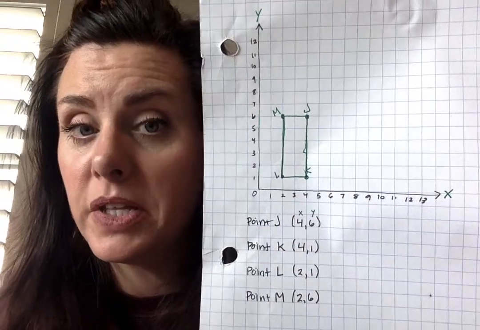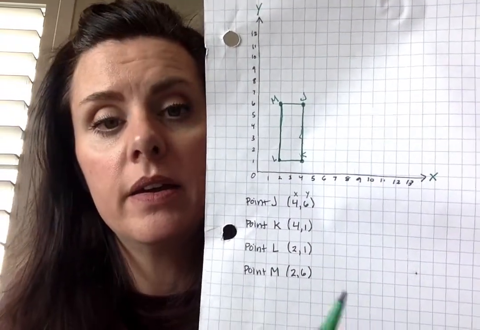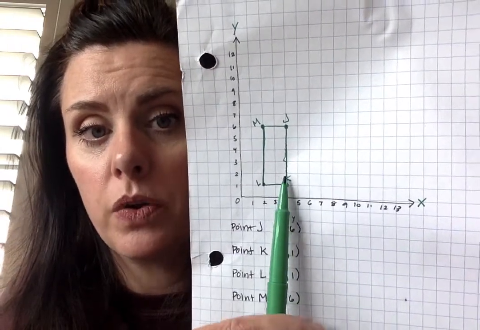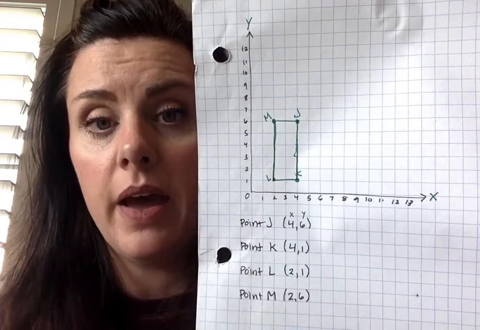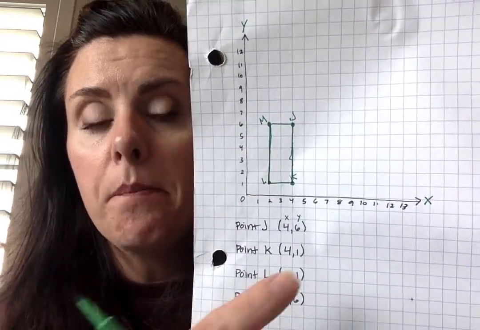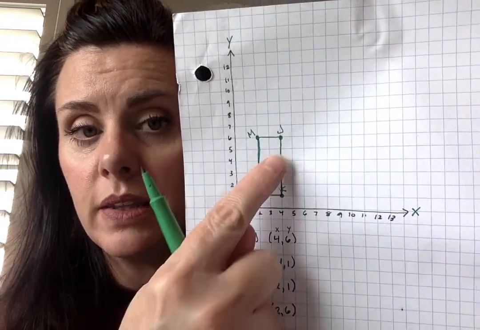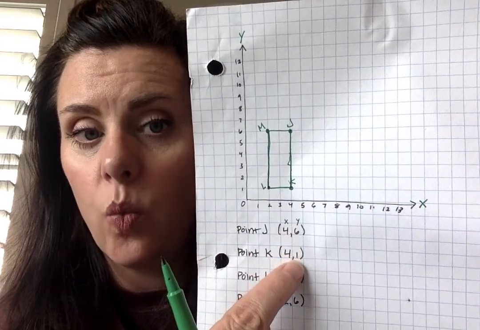Let's find some similarities and differences. They are both on the 4 line, right? They both are along this line right here, the 4. That's the part that's the same. Look at the part that's different. One is at the 6, and another point is at the 1.